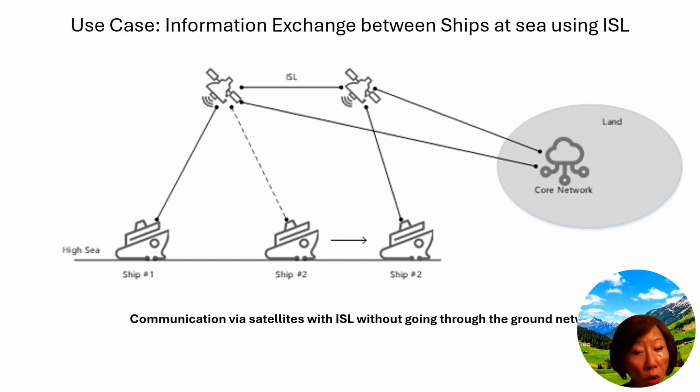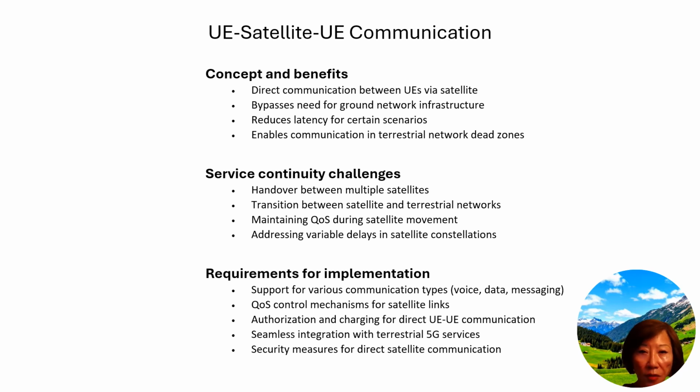The ISLs also provide an additional layer of network resilience, allowing for communication paths that don't rely solely on ground station availability because of the capability of switching between the two. It's like a backup. Okay, so this is what is a little bit different from the last one.